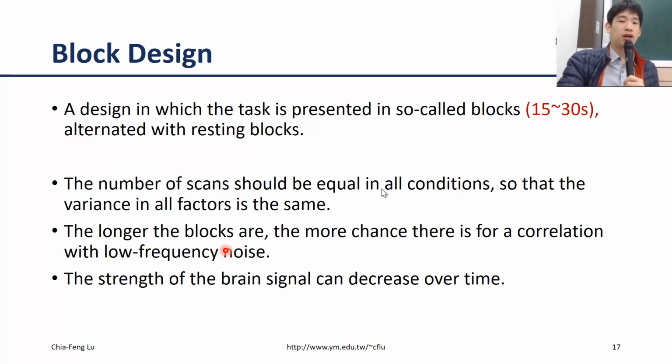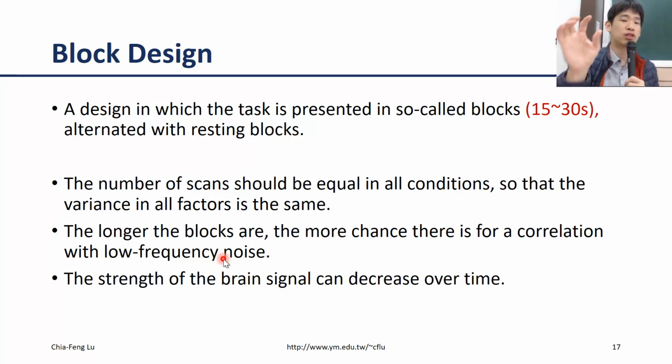The second is that we normally don't use a very, very long block, because longer blocks will cause interference from low frequency noise. What is the low frequency noise? That normally is some kind of signal drift, or sometimes we call it signal shifting.